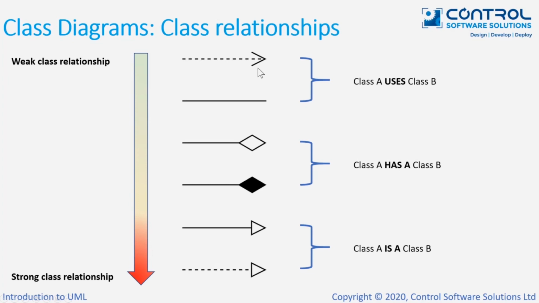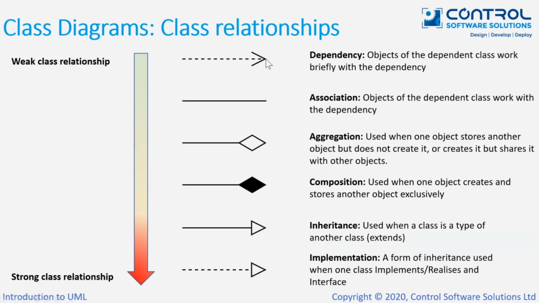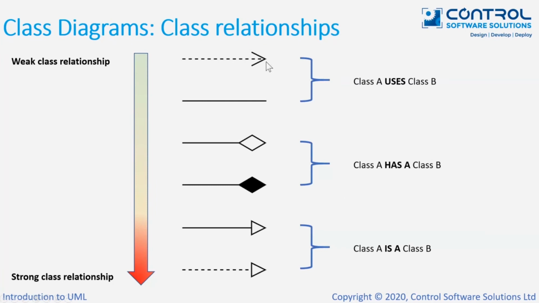So on this diagram here, on this dotted one, the dependency is at the end of the arrowhead. So the dependent class, the thing that uses the services of, so let's say class A uses the services of class B, the arrowhead would go to point to class B, okay?